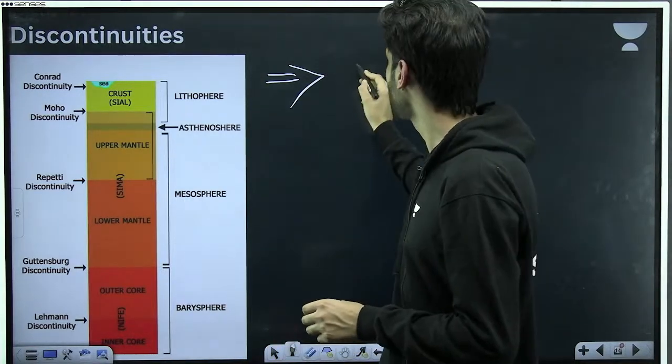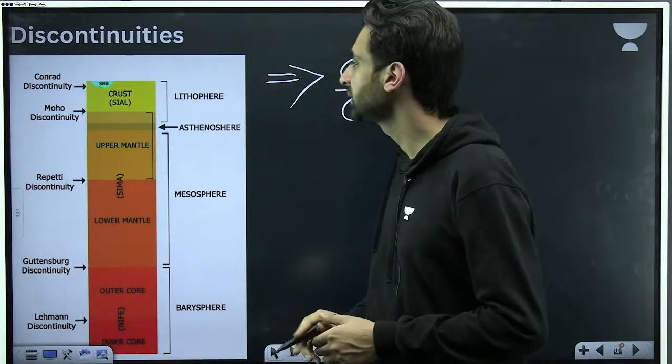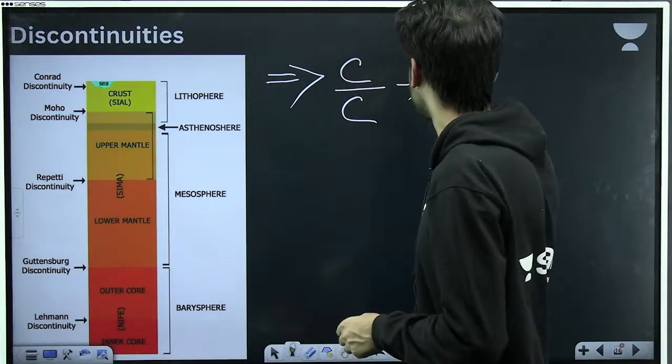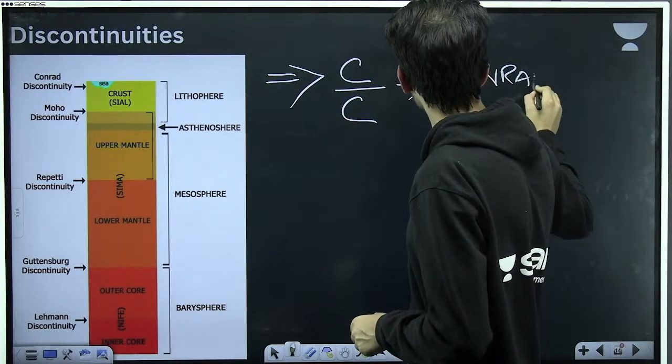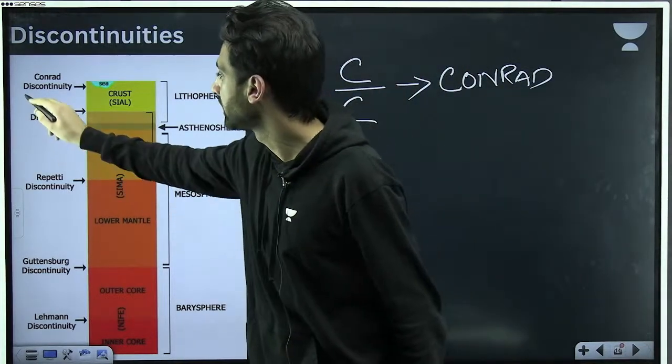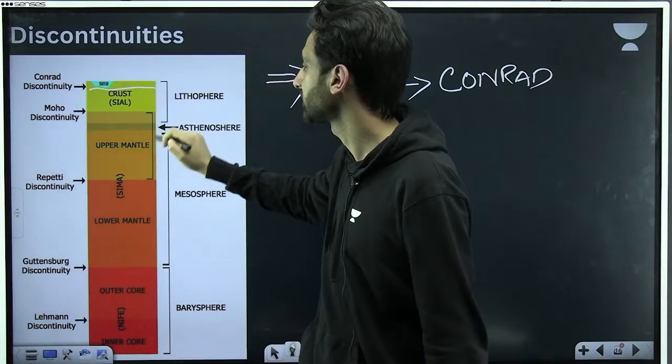The discontinuity between the two is called the Conrad discontinuity, C-O-N-R-A-D. This is the Conrad discontinuity separating the two crusts.